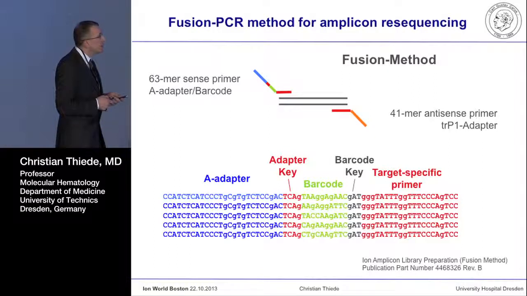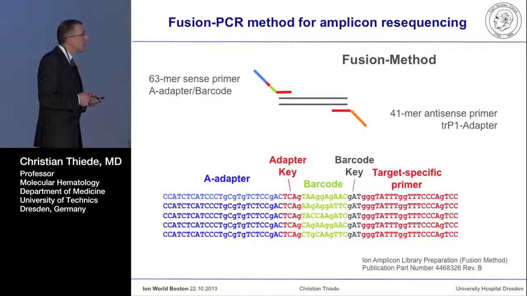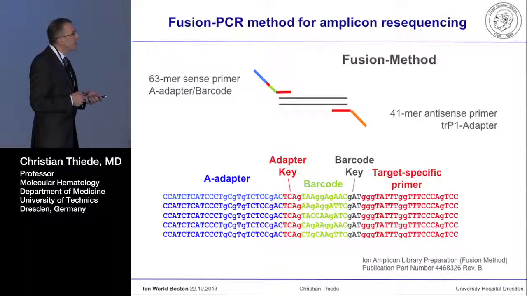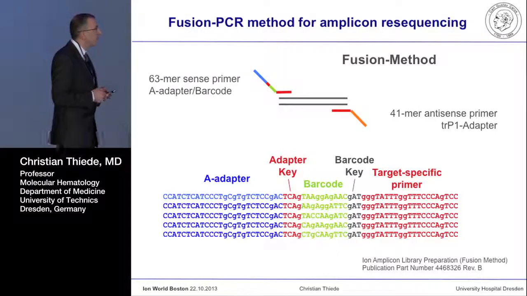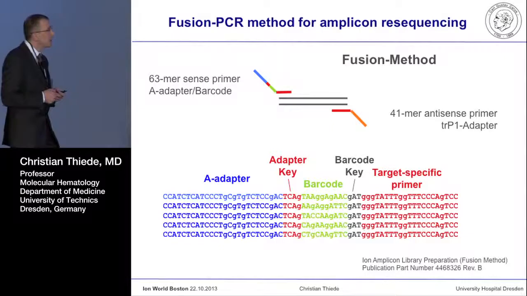We used the Fusion-PCR method for amplicon resequencing. This is just an illustration of how this works. You use PCR with very long primers to fuse sequences to the amplicon of choice, which contain either the barcode and also the adapters needed for the library preparation.